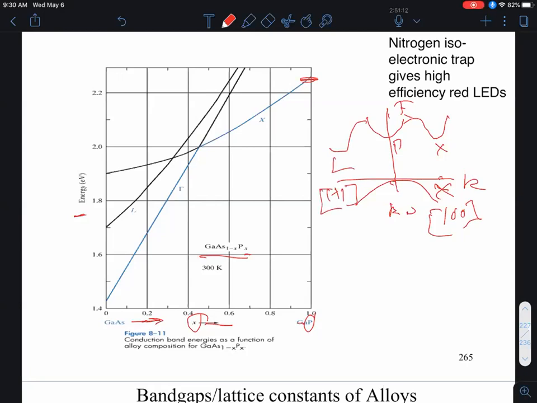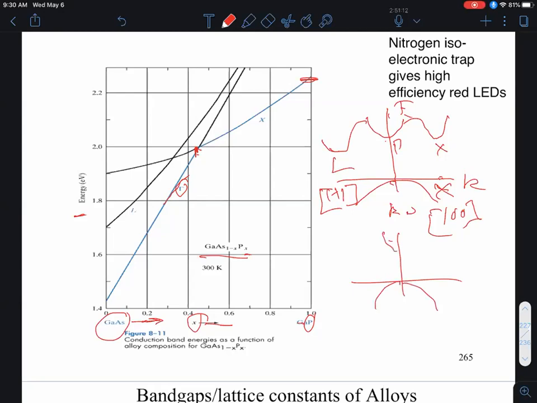What you find is that for gallium arsenide, the minimum is at the gamma point, meaning it's a direct band gap semiconductor. But as soon as you increase the phosphorus content to about 0.44, notice what happens. These band edges, L, gamma, and X, shift differently. By the time you go above 0.44, unfortunately, the band structure looks like this.